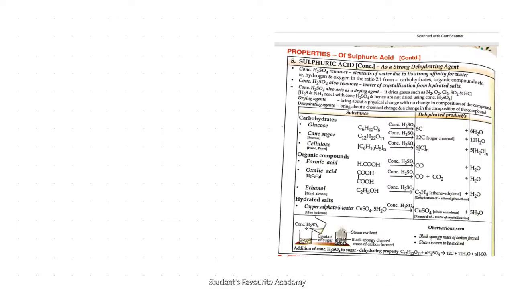Now what is there, children? The properties of sulfuric acid as a strong dehydrating agent. How does it act as a strong dehydrating agent, children? We saw in the process of production of sulfuric acid that it was used to absorb the moisture.